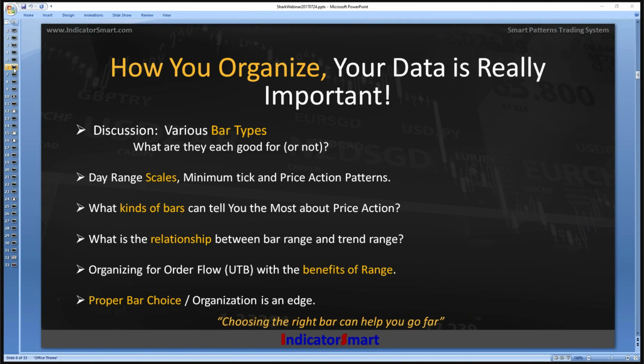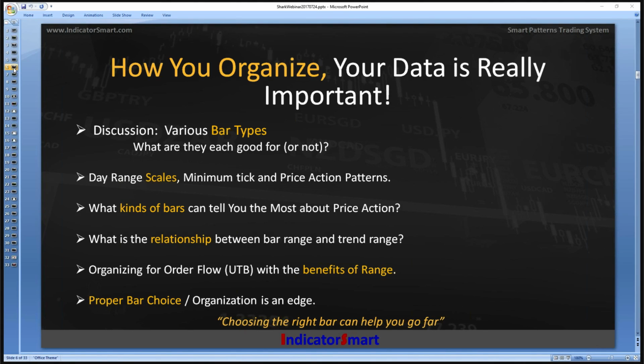That gives us the benefit of a range-based bar, which tends to close at the high or the low of the bar, depending on whether it's going up or down. The bar we're going to look at today tends to close at or near its high or low, while at the same time the range of the bar actually gets smaller when the market is trending.